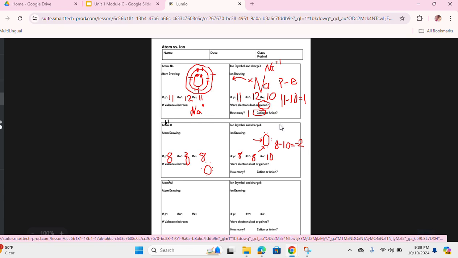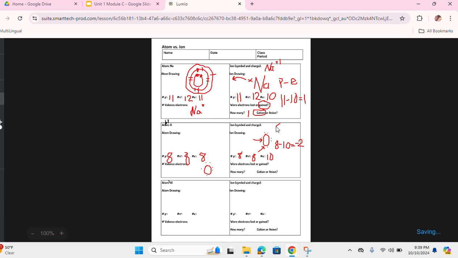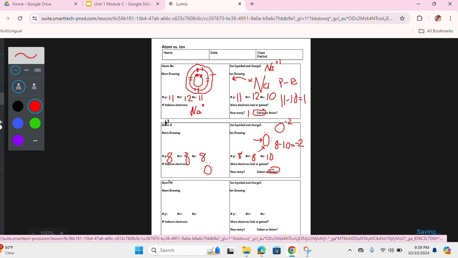Okay, so when I write my symbol, and then I write my charge of negative 2, because it is a negative charge, we know that would be an anion. And I'm sorry, I made a mistake here. I wrote that we were gaining electrons in this first one, and we did not gain any electrons.